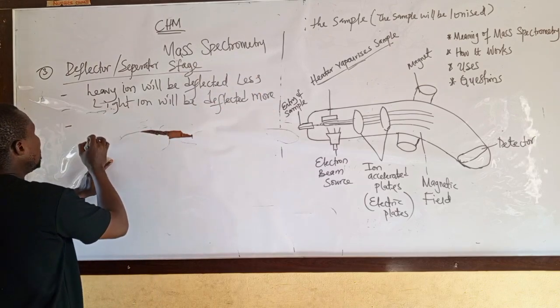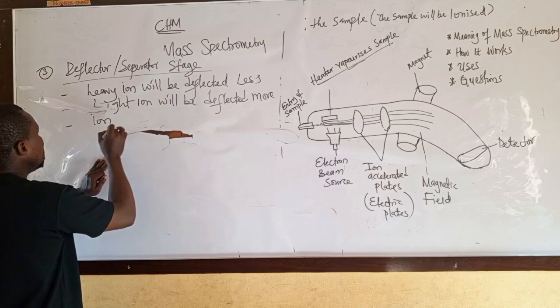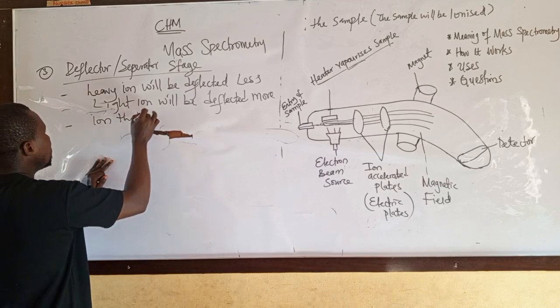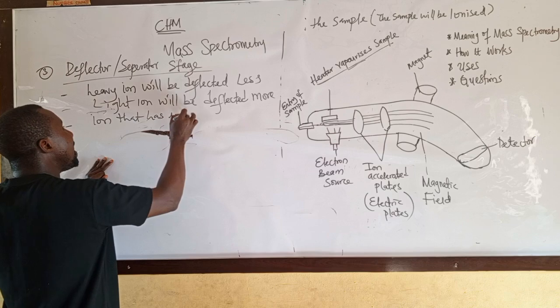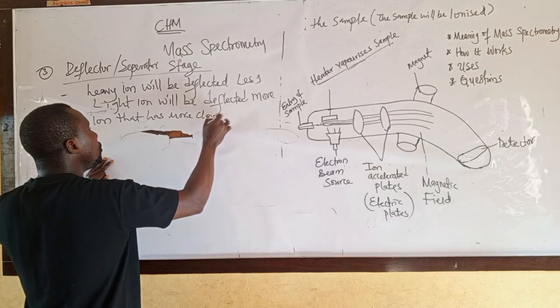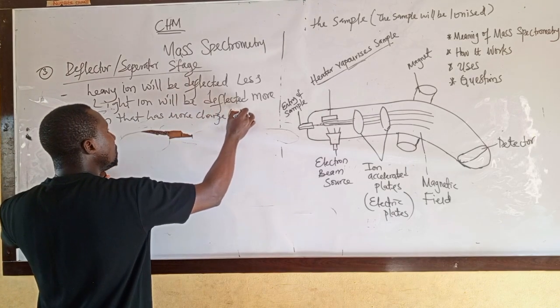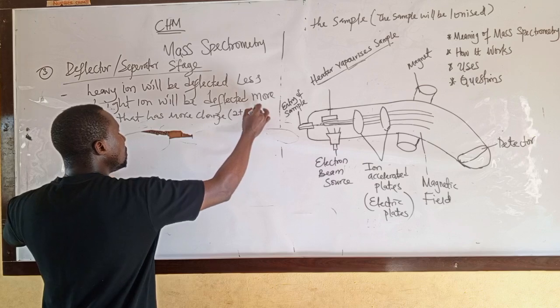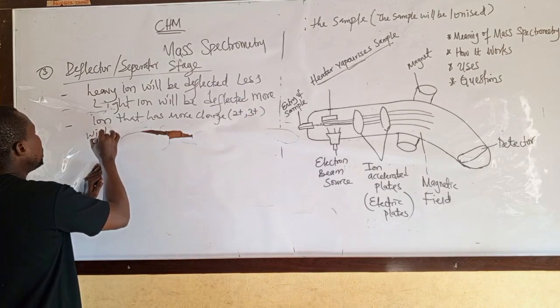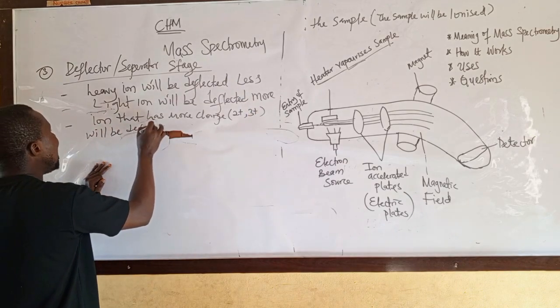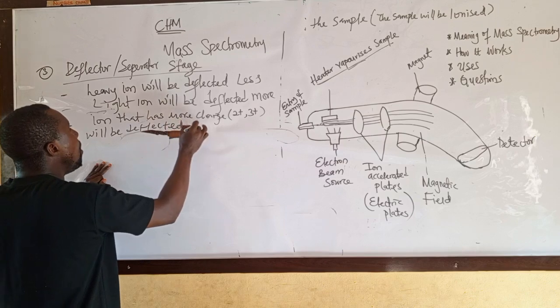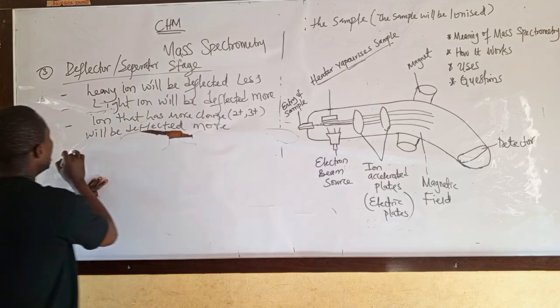Another one: ions that have more charge, let me say 2+, 3+, will be deflected more. I will explain.